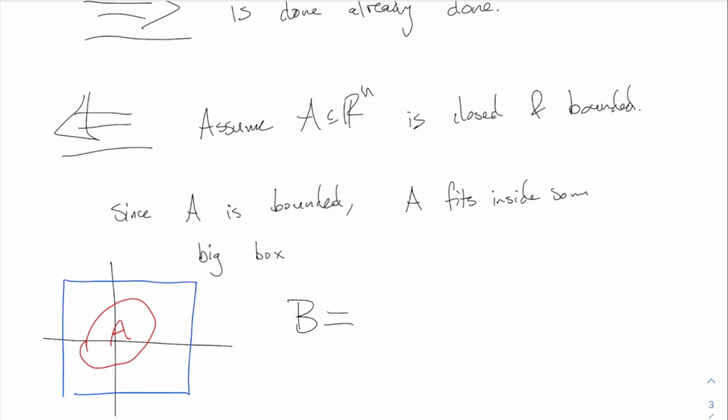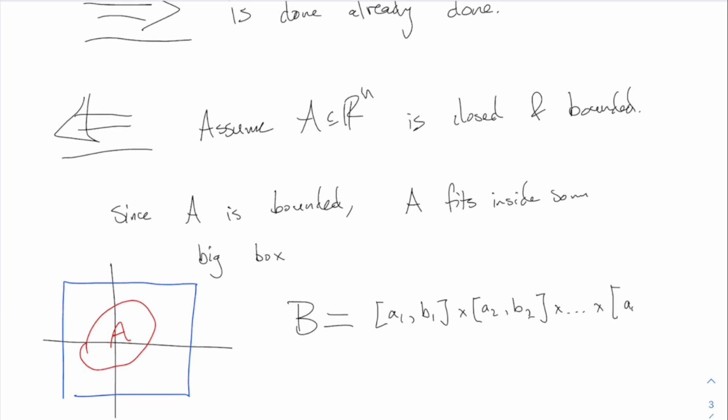So I'm going to write the box as [a1, b1] cross [a2, b2], with closed intervals, although it could be open intervals, up to [an, bn], like so. A fits inside some big box like that. Okay, this is because A is bounded.